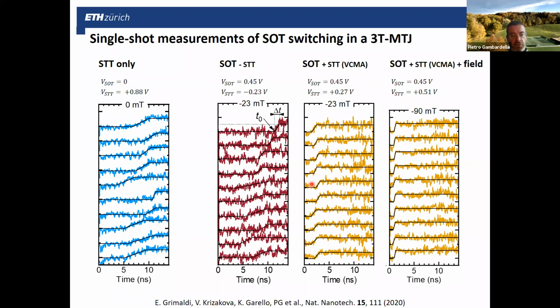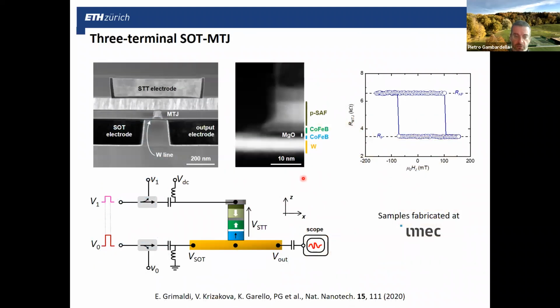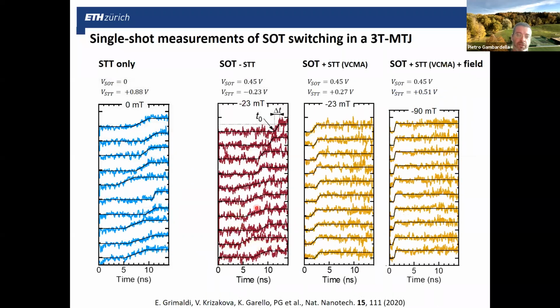So here you see examples of real-time measurements. We essentially pulse the current into one of these two electrodes, and in real time we monitor the tunneling magnetoresistance of the junction. And that gives us an idea of what the magnetization is doing in the free layer.